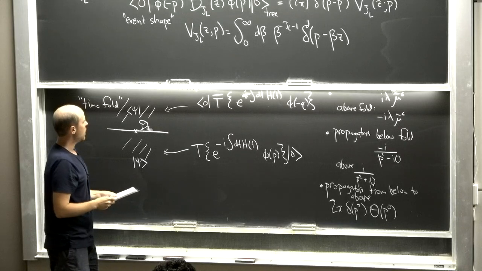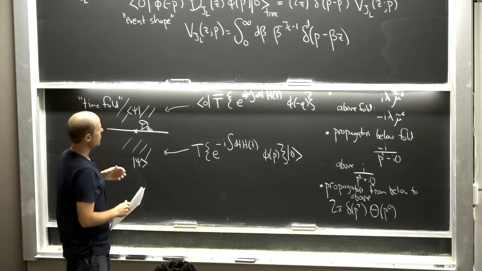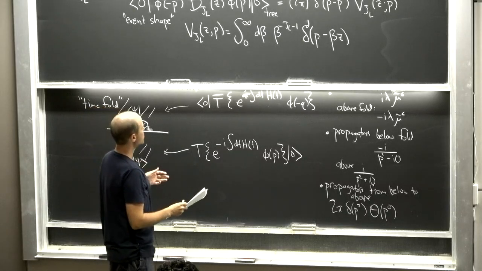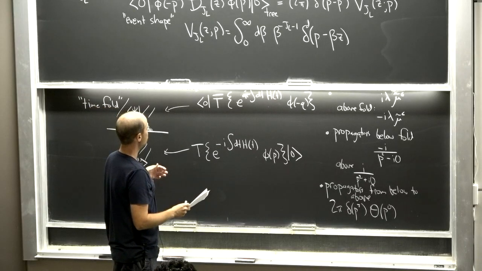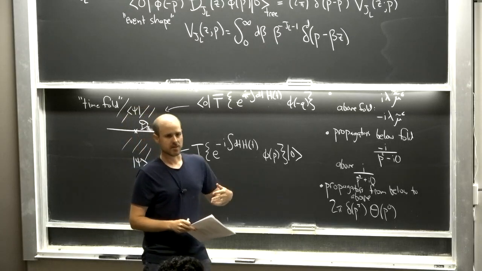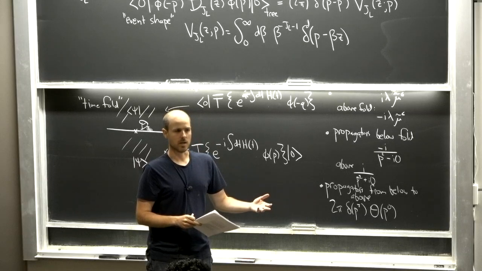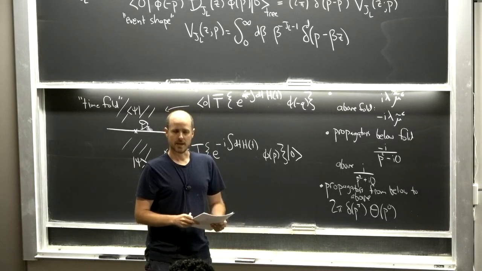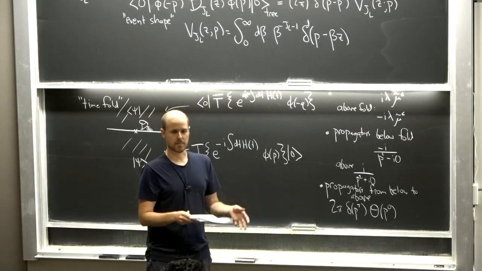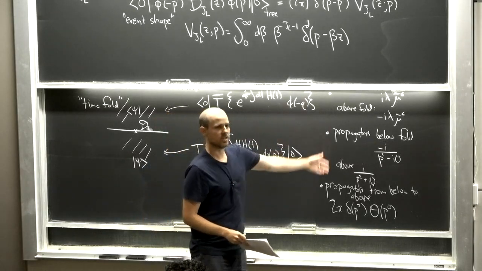Okay, so in the path integral language, all this stuff about ordering of operators and whether they're acting on the vacuum or not translates into questions about the boundary conditions for the Green's function that you use in the Gaussian path integral. And the idea is that you have to impose certain boundary conditions on those Green's functions, and the different boundary conditions turn into these different kinds of propagators.